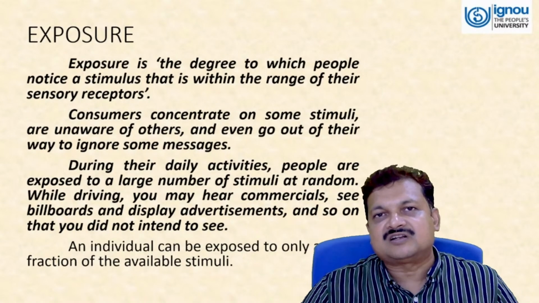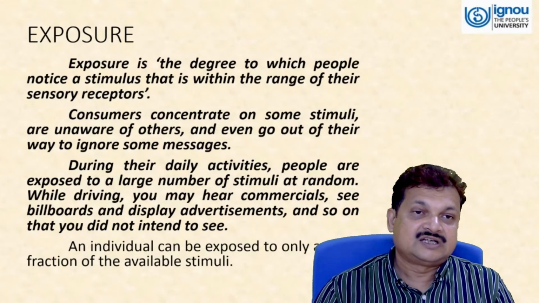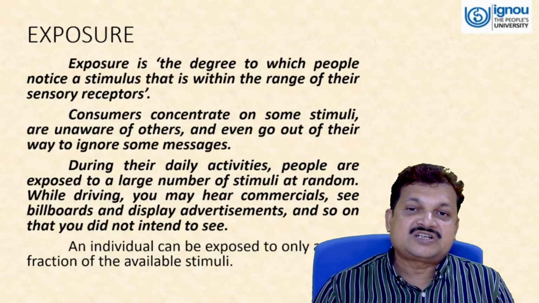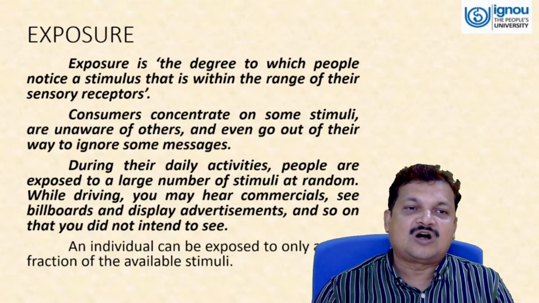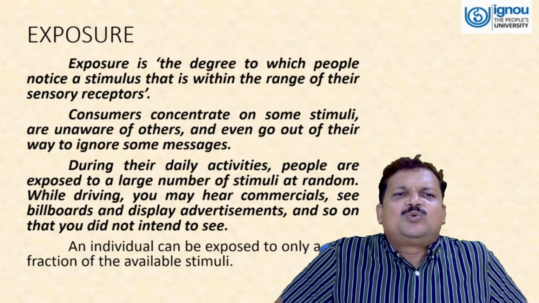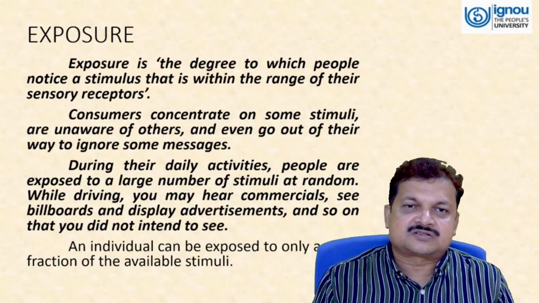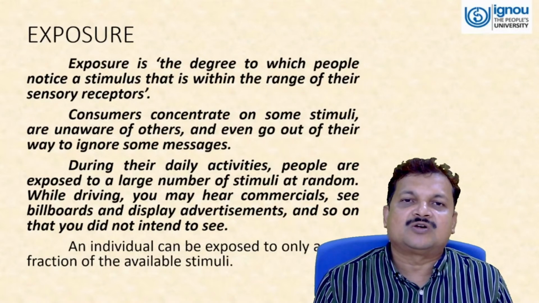If it is not a strong one, the sensory receptor may not recognize it. Second, consumers concentrate on some stimuli, are unaware of others, and even go out of their way to ignore some messages. This happens sometimes, that we concentrate more on a particular area because of our own interest, and we neglect or do not want to see others.